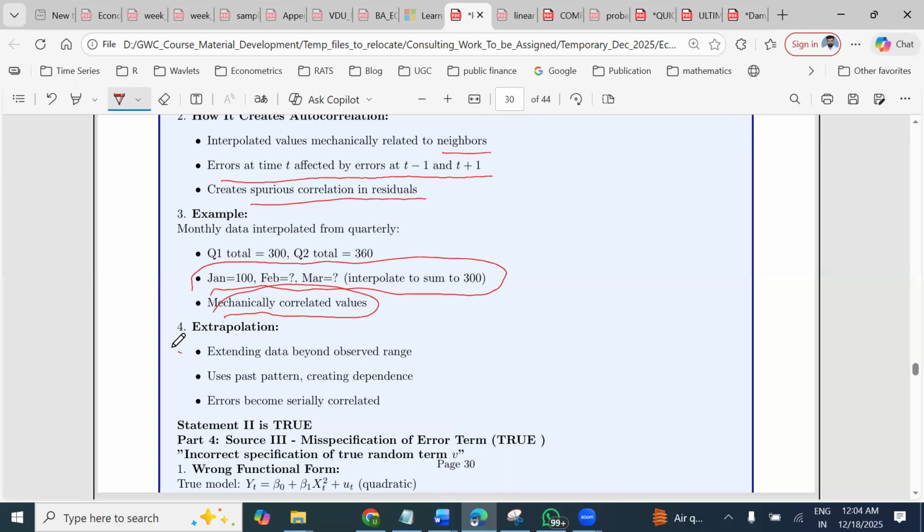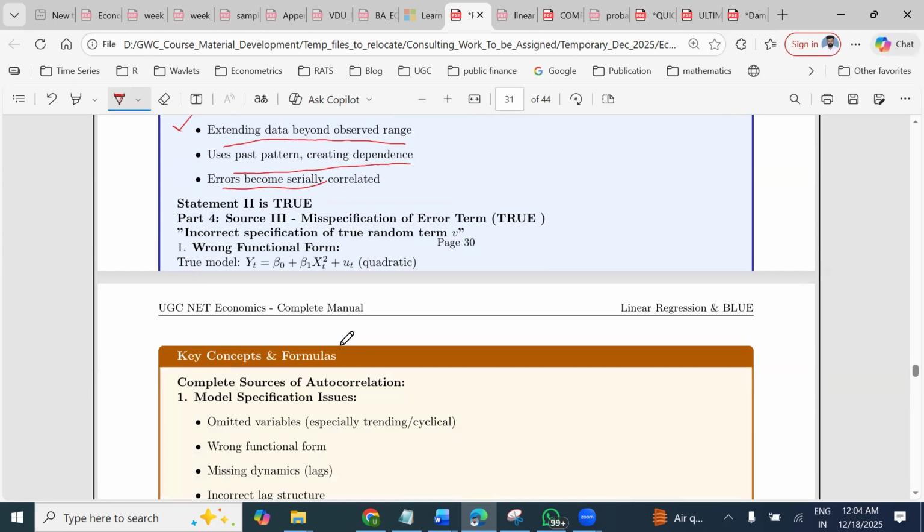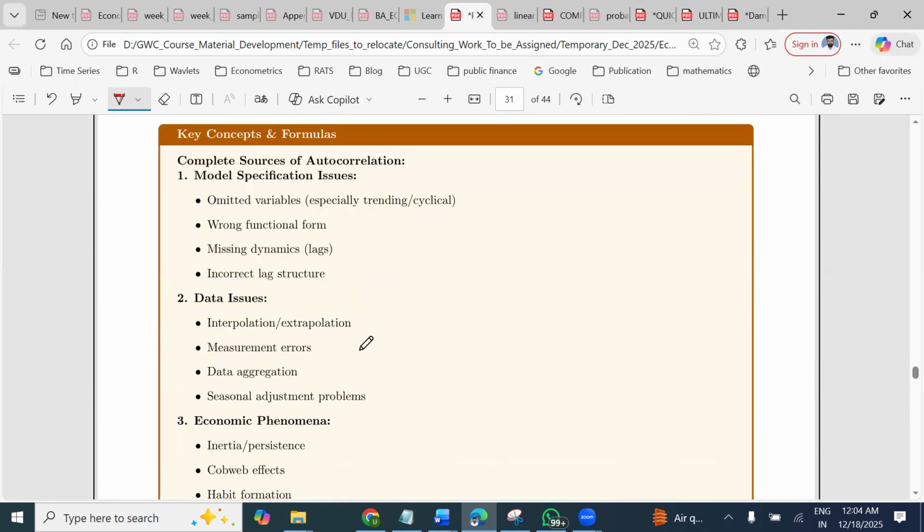Are you getting? So mechanically they are correlated values. And extrapolation is extending the data beyond the observed range using the past pattern, creating a dependence. So statement 2 is true. Then misspecification of the error term will also be true. What is important over here is that you should know model specification issues.